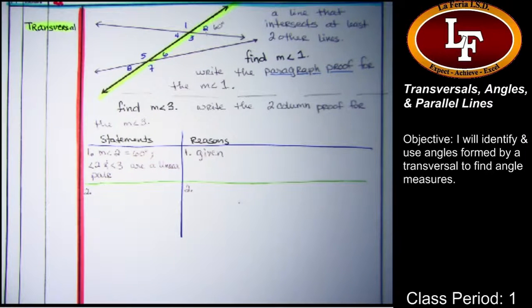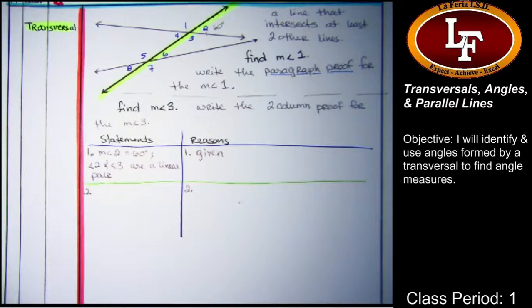Miss, if you just put 2 and 4, aren't they the same? Yeah, 2 and 4 are going to be the same measure, 60. But we were trying to find angle 3. If I had asked for angle 4, you were totally right. But I didn't in this case. Help me find angle 3 first.